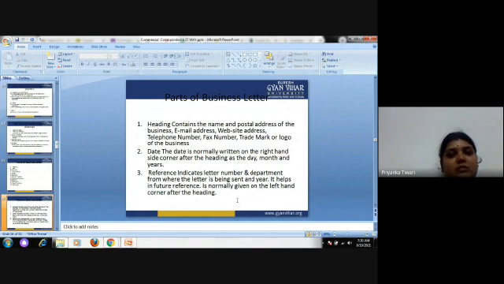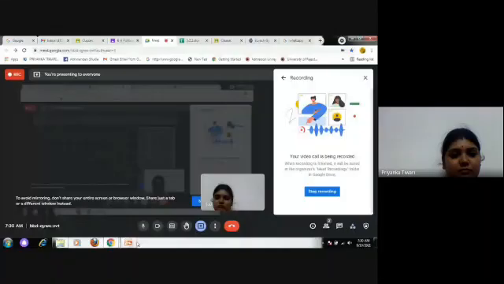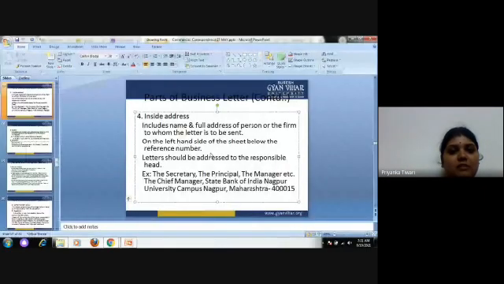Inside address includes the name and full address of the person or the firm to whom the letter is to be sent.